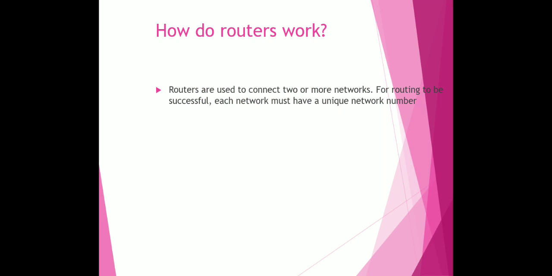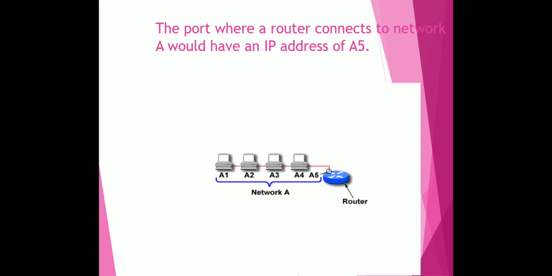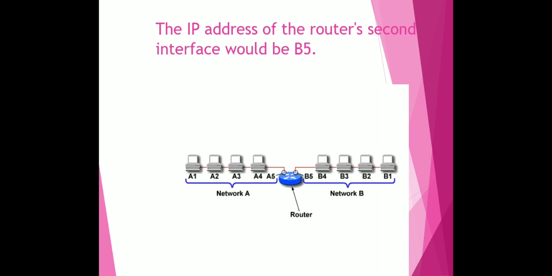How do routers work? Routers are used to connect two or more networks. For routing to be successful, each network must have a unique network number. Here, for example, the port where a router connects to network A would have an IP address of A5. A1, A2, A3, A4, A5 are the addresses in network A. The IP address of the router's second interface would be B5.